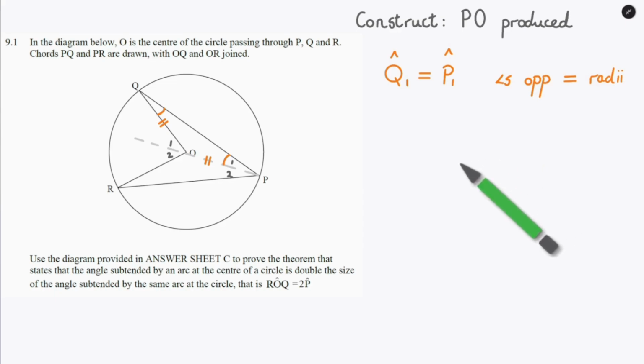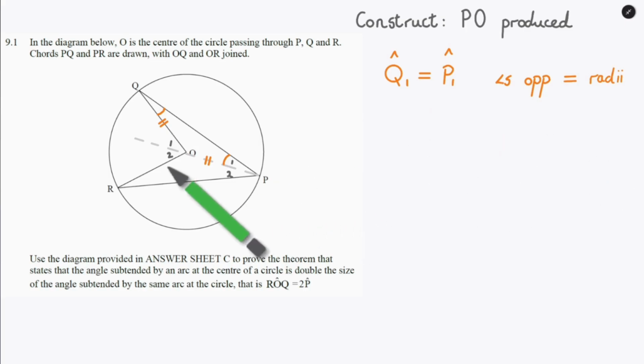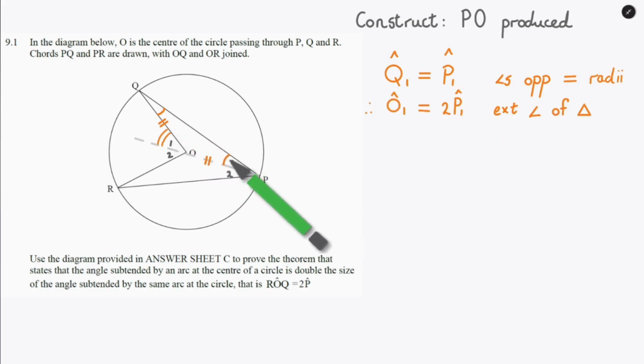Now from that, we can see that angle O1 over here is 2 times the size of P1 because it's an orange one plus an orange one due to the exterior angle of a triangle, and we get O1 over here to be 2 times the size of that orange angle. Okay, now in a similar fashion, we're going to do that in this triangle down here, OPR.